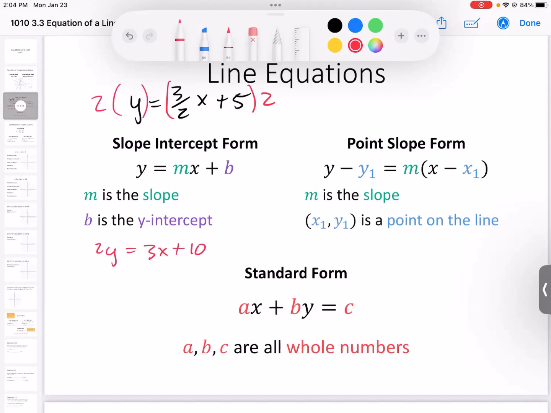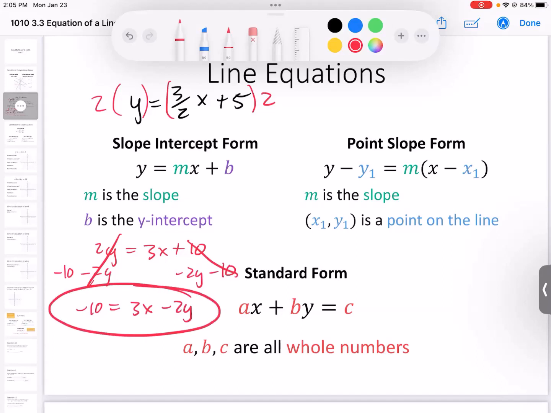And then you would want the x and the y on the same side of the equation, and you want the x number to be positive. So I would keep x on this side and subtract 2y from both sides, as well as subtracting 10 to move the 10 over. So that cancels out, and you get -10 equals 3x minus 2y. And that would be the standard form version of this equation.